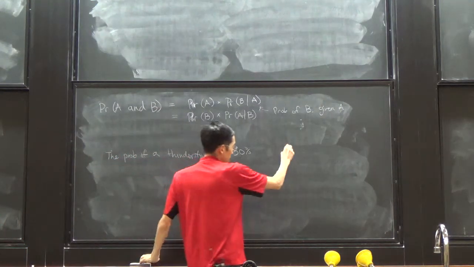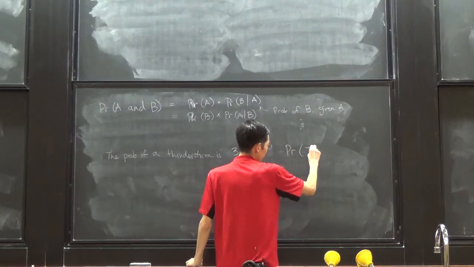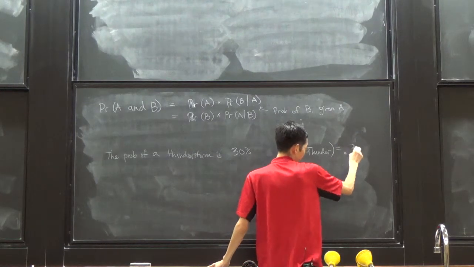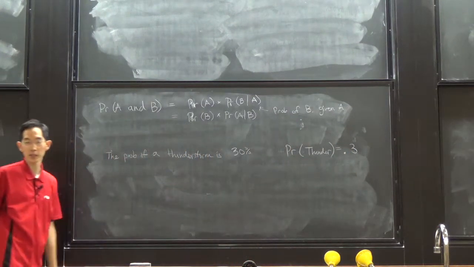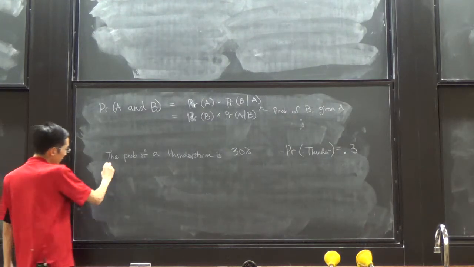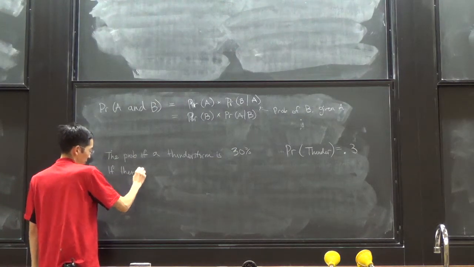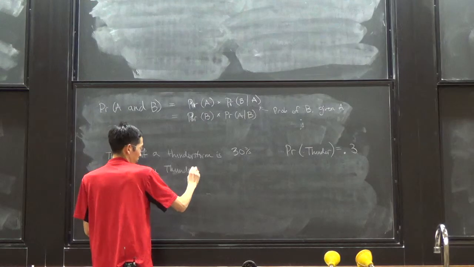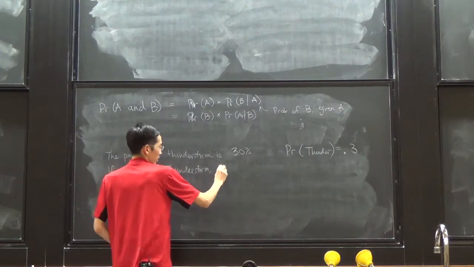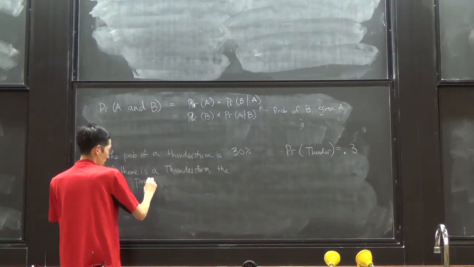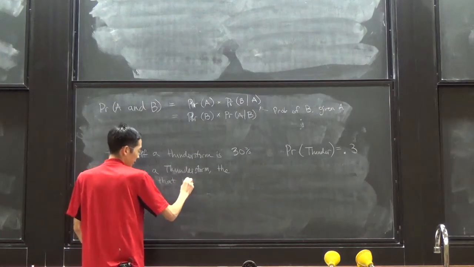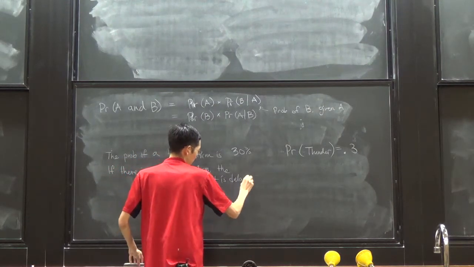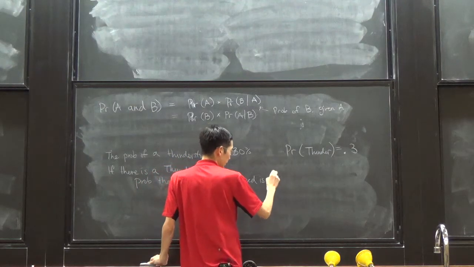So I would write this as probability of thunder, as short for thunderstorm, as 0.3. And I could say, if there's a thunderstorm, the probability that my flight is delayed is 70%.